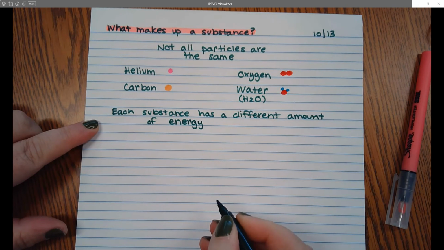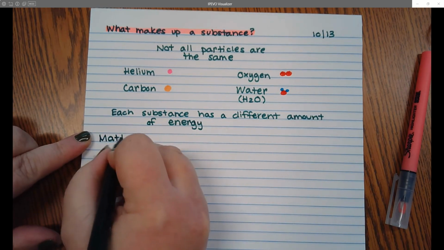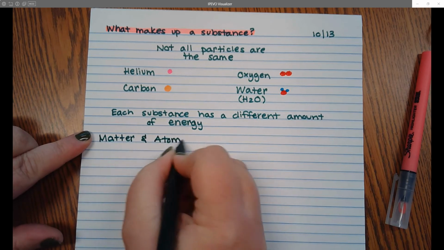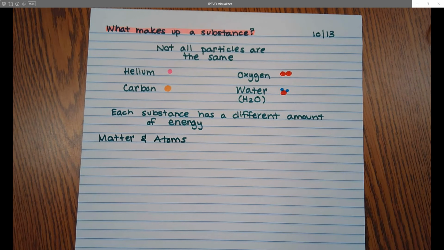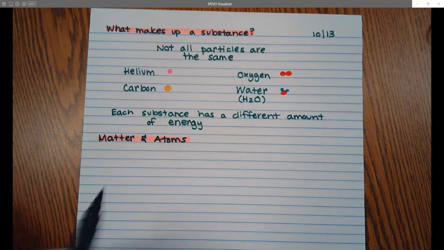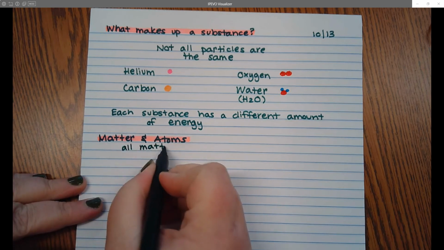So the first heading in your text for this section is matter and atoms. And I'm going to highlight or underline that. So we need to know that all matter is made of atoms.